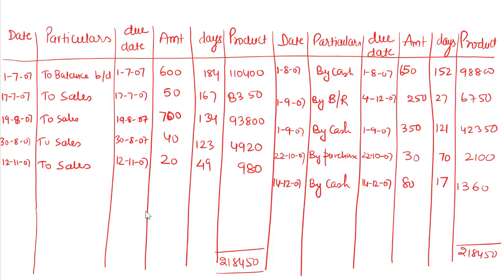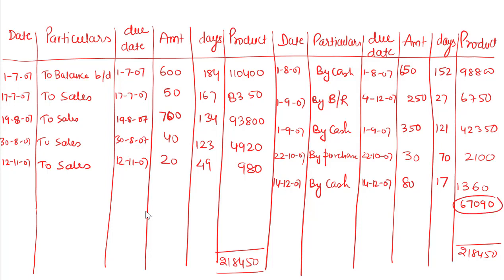Calculate the balance: minus 98800 minus 6750 minus 42350 minus 2100 minus 1360. Balance is 67090.